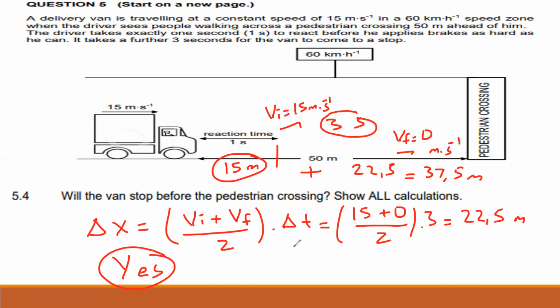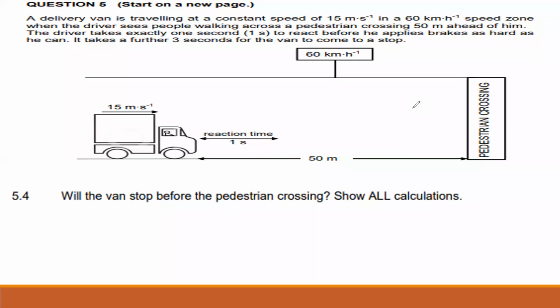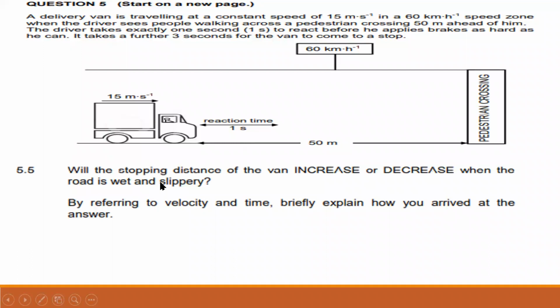And then let's see what else they're asking here. Question 5.5 now. Will the stopping distance of the van increase or decrease when the road is wet? Okay, the road is wet, it means we have less friction. If you have less friction, your stopping distance, of course, will increase.